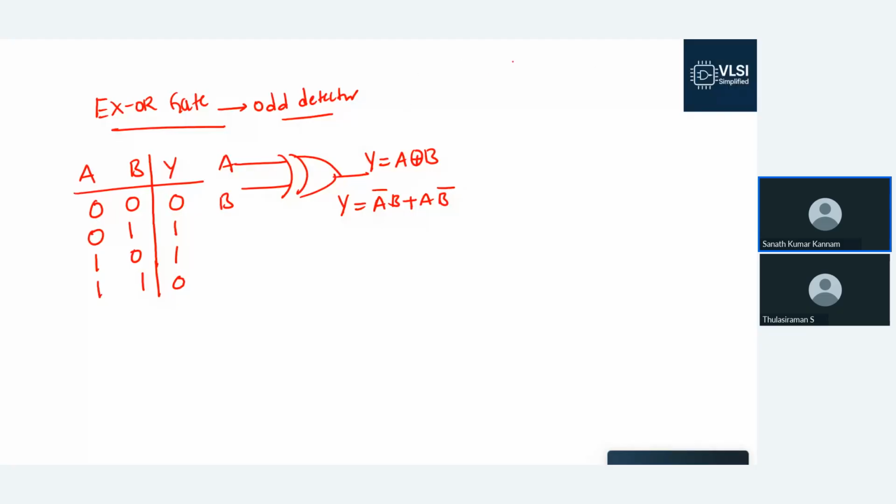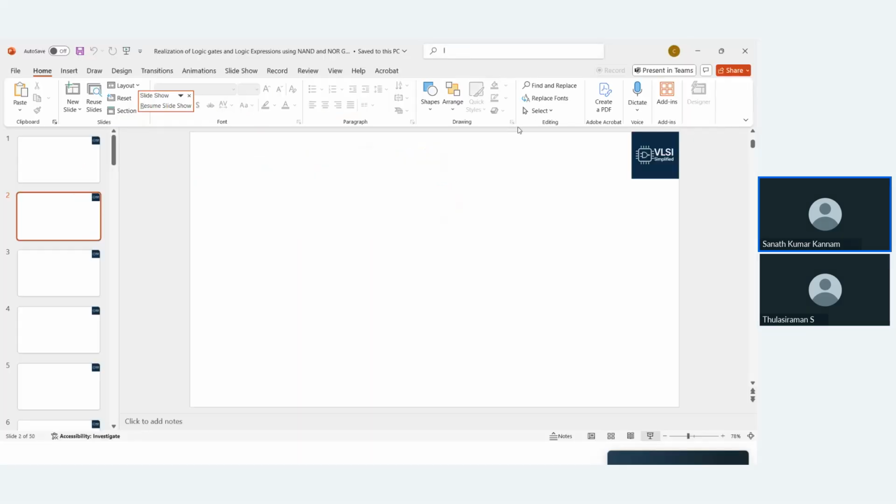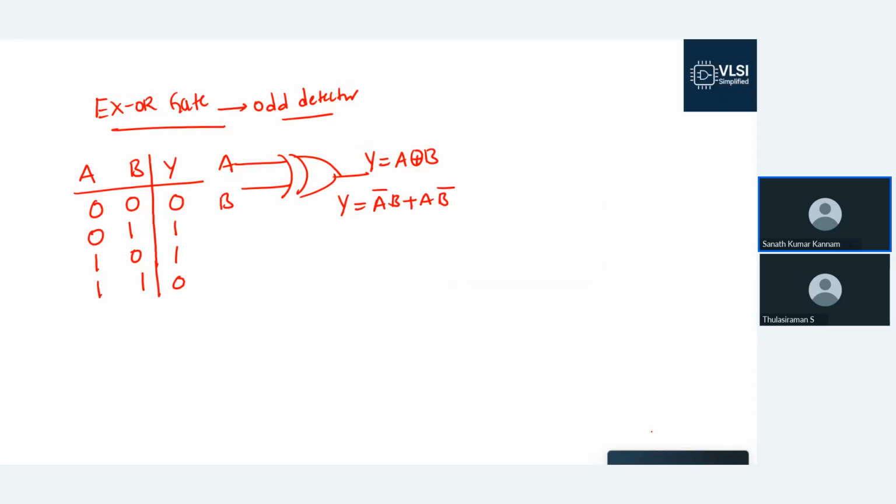And next you have the XNOR gate. What is the XNOR gate? It is just the opposite: XOR followed by an inverter is nothing but the XNOR gate. We see the table.